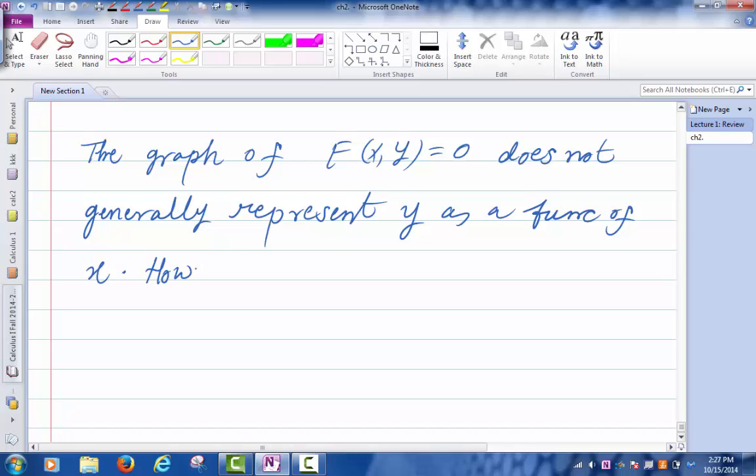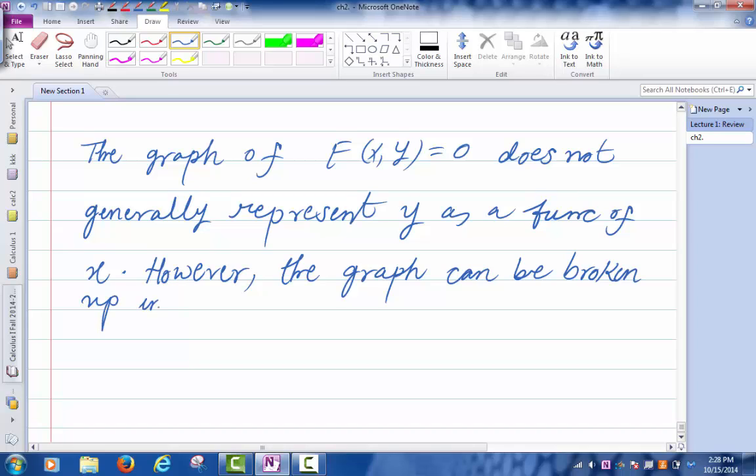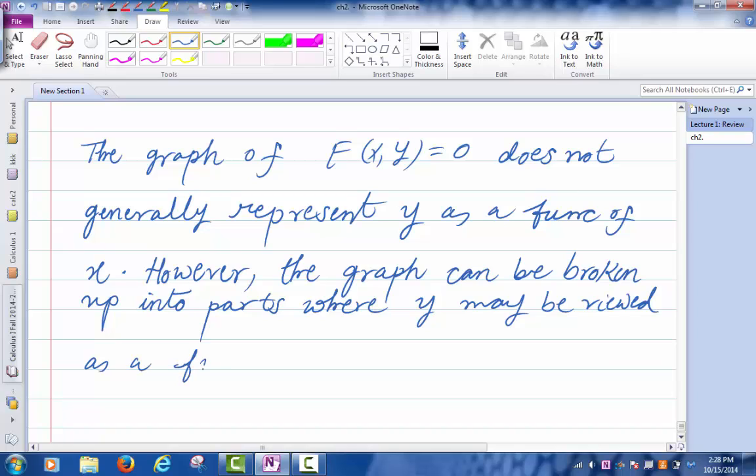However, the graph can be broken up into parts where y may be viewed as a function of x.